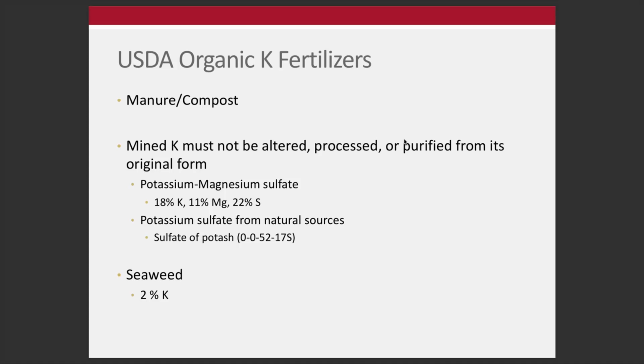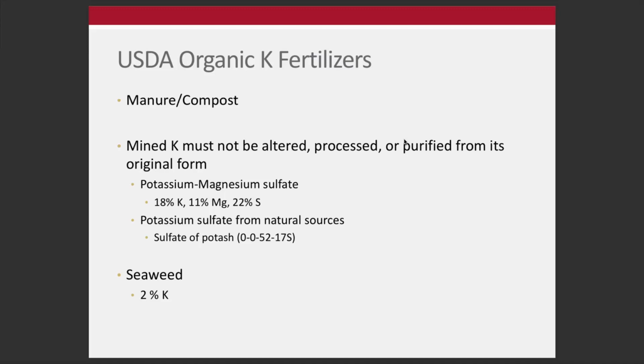There's also things that are certified organic that are essentially mined salts, but they're not processed or purified. Potassium magnesium sulfate or sulfate of potash, which is 0-0-52 and 17% sulfur. So sulfate of potash is typically what you see Ohio organic growers using for an OMRI certified product.